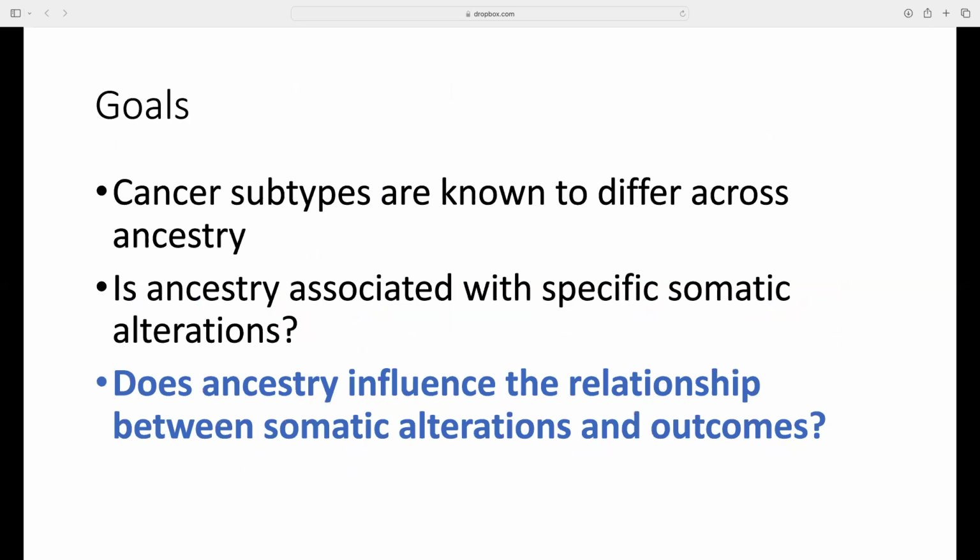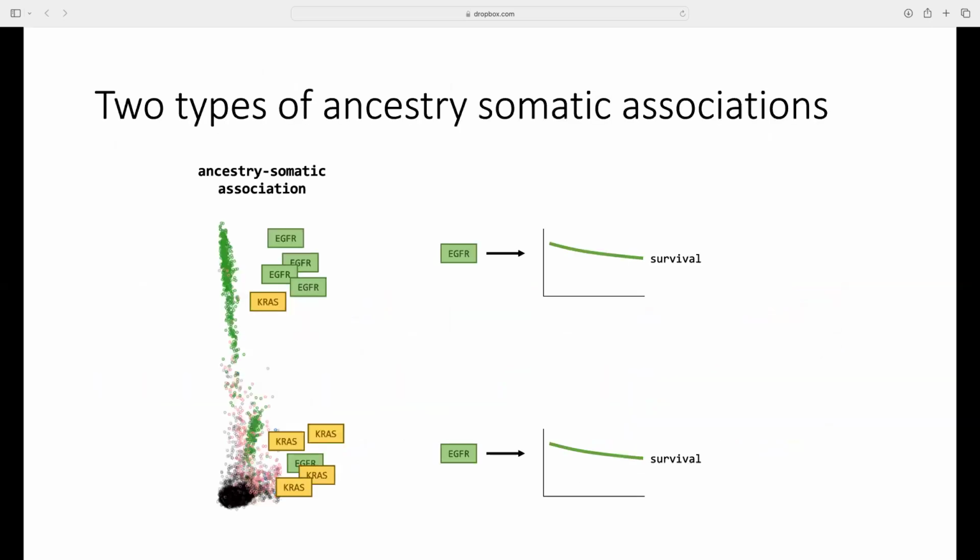Okay, so the second question that we wanted to ask is, to what extent does this relationship actually influence clinical outcomes and meaningfully affect what happens to patients? To set the scene for this, there are 2 ways that you could imagine a somatic driver influencing clinical outcomes in these diverse populations.